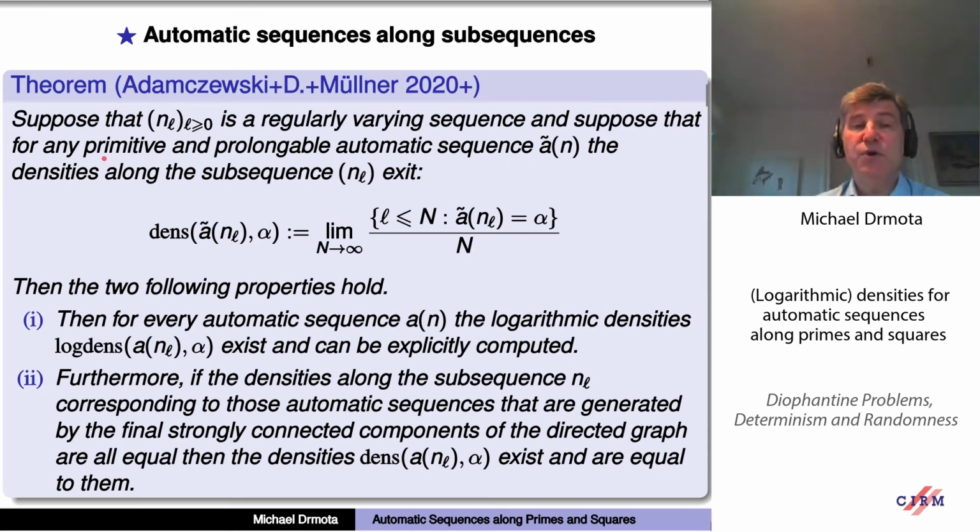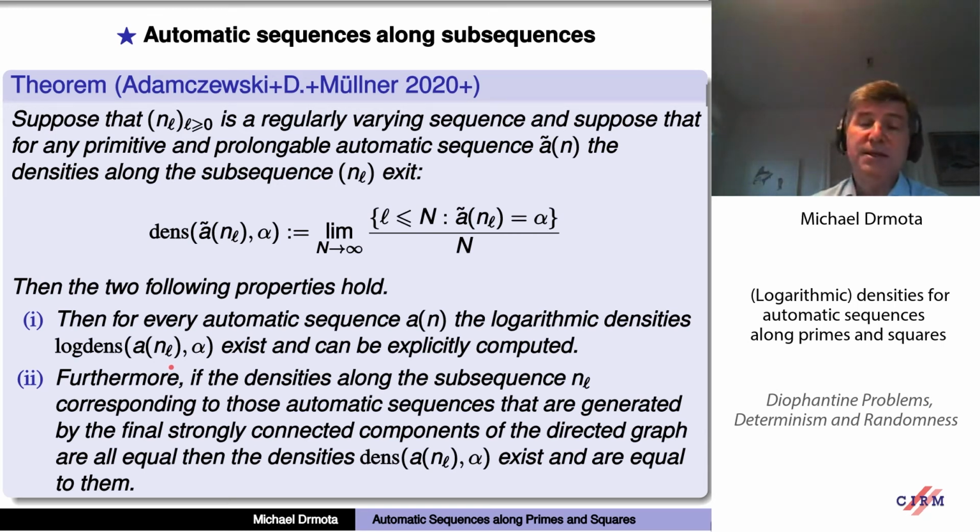And if for all primitive and prolongable automatic sequences, the densities, not the logarithmic densities, but the densities along the subsequence exist, then it follows that for all automatic sequences, the logarithmic densities exist, and if the behavior of the final strongly connected components is the same, so they have densities and they are the same, then we also have the density along the subsequence.